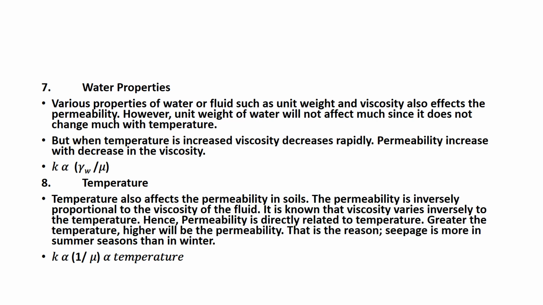And then we talk about temperature: as temperature increases, viscosity decreases. So it means K is proportional to 1 upon mu, and is therefore directly proportional to temperature. So temperature affects the permeability in soils. Permeability is inversely proportional to viscosity of the fluid, and viscosity varies inversely with temperature. Hence, permeability is directly proportional to temperature.